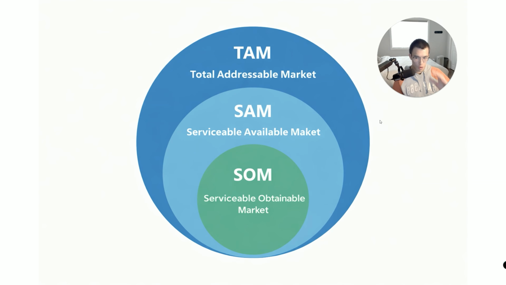All right, so before we talk about creating actual video ideas, I need to stress the concept of TAM, which is the total addressable market. So when you make video ideas, you need to be making ideas that are solely based on this area over here, the SOM, the serviceable obtainable market.